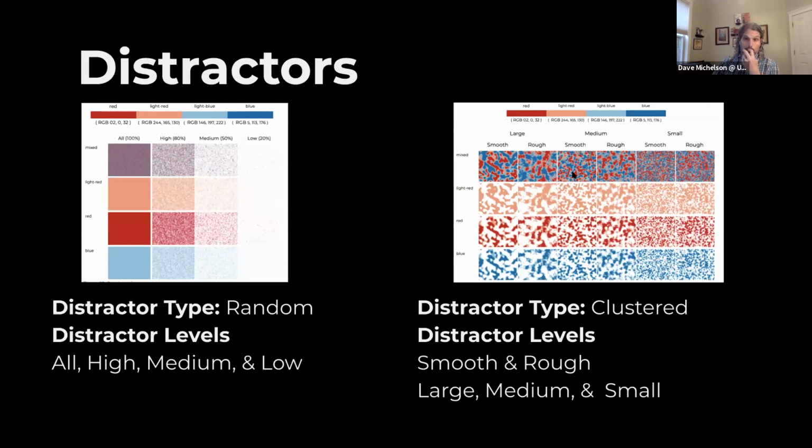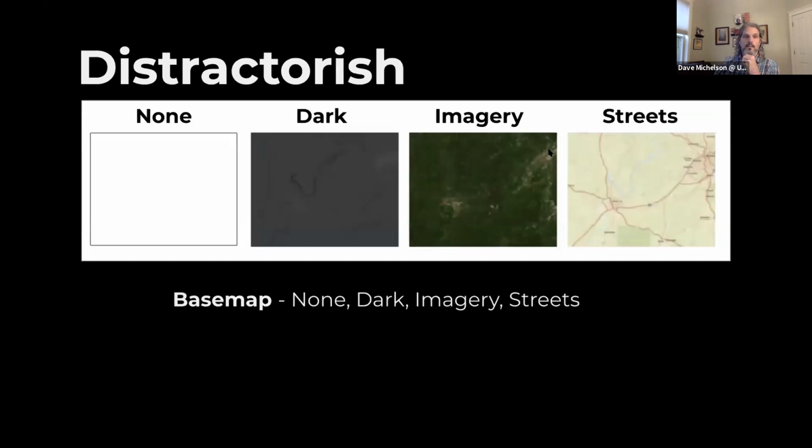With our clustered, where we're trying to match and get more similarities with our targets, it's under the same pretense where we have from large to medium to small, which shows less distractors to more distractors, and the same from smooth to rough. As we go from smooth to rough, we're increasing the number of distractors also.